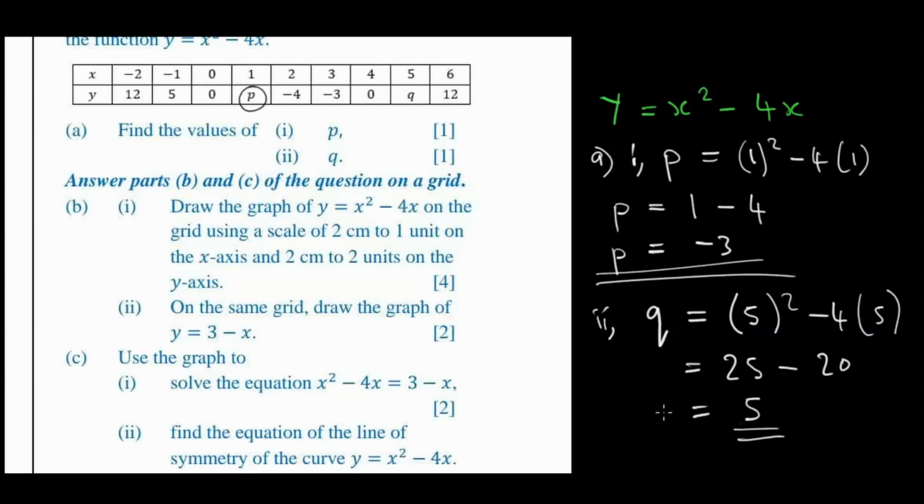I have a graph paper that I will use here, and I have tried by all means to make sure that the graph paper is a typical graph paper. So let us go to it. So this is our graph paper. What we have to do first is put down our table of values.